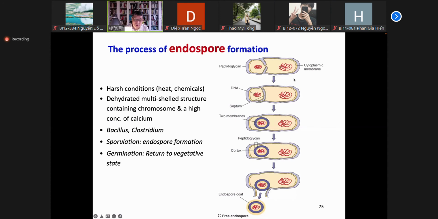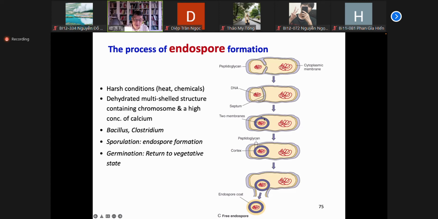That is, when in bad situations it can no longer live in this environment, then it can undergo the final step. The plasma membrane and cell wall grow inside to seal off this daughter chromosome inside the structure.